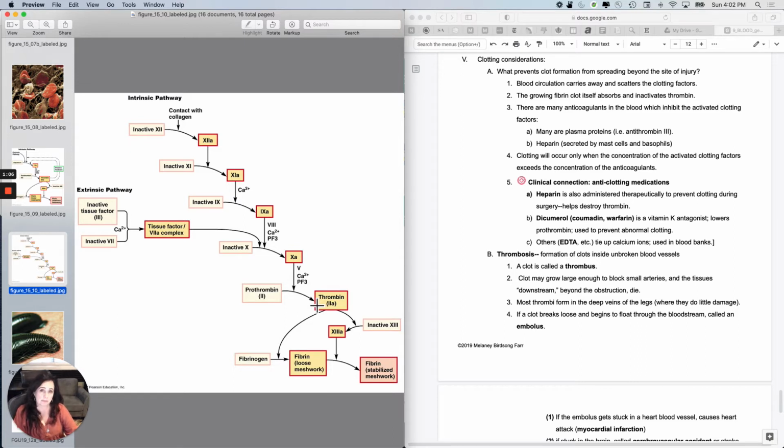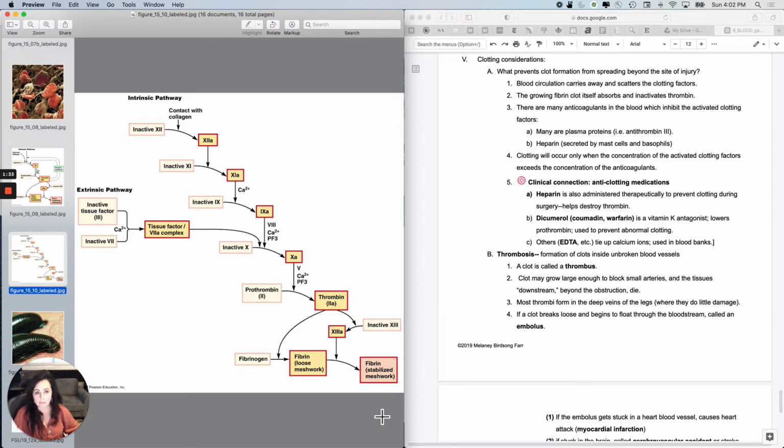In addition, there are always present anticoagulants circulating in the bloodstream, and they're always active. So if at any one place you have more constantly active anticoagulants than active coagulants, then the anticoagulants win. Some of them are made by mast cells or basophils.